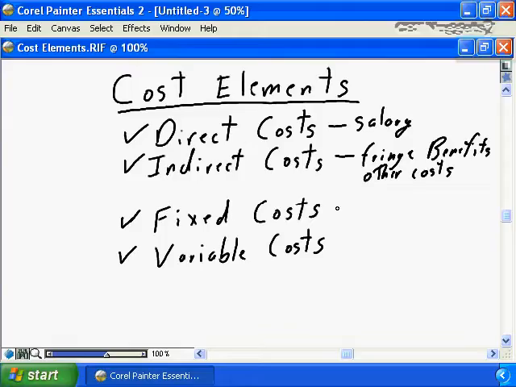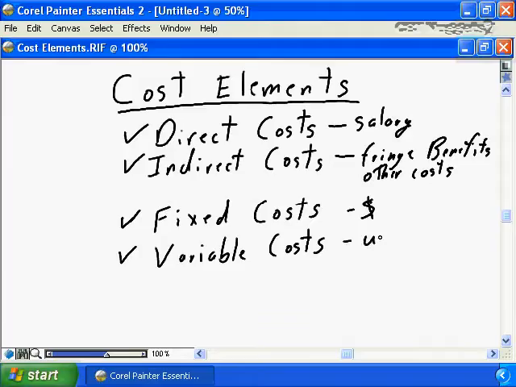So if you need to buy a computer server, if you need to buy a piece of equipment to allow your project to continue, that's a fixed cost. It doesn't matter whether your project uses it once, uses it 100 times, uses it every day for the project. You paid the single fixed cost to acquire the product, and the cost doesn't change depending on the usage. Other project costs are going to be variable costs.